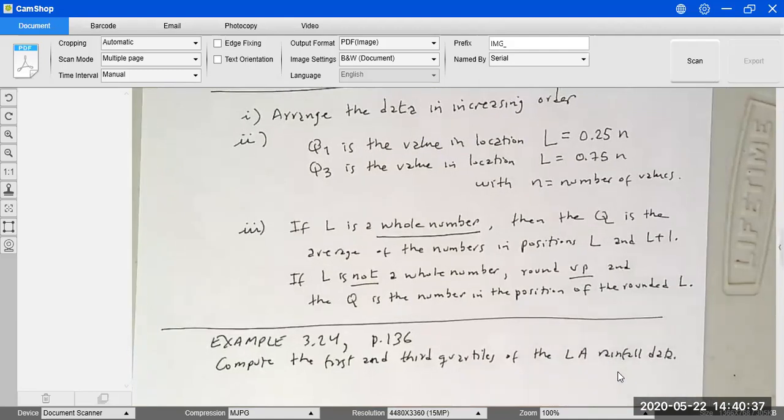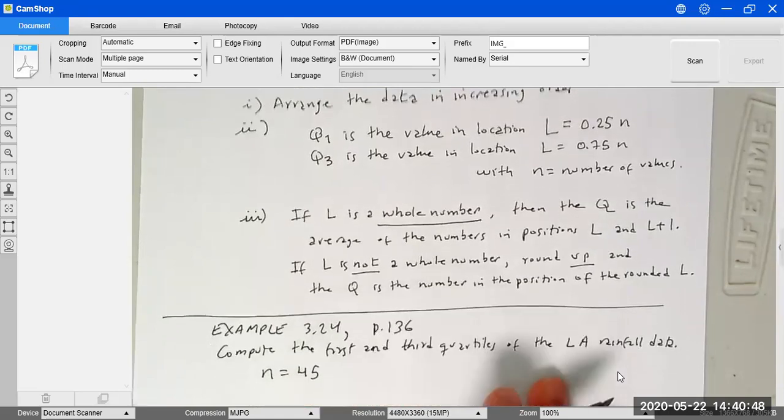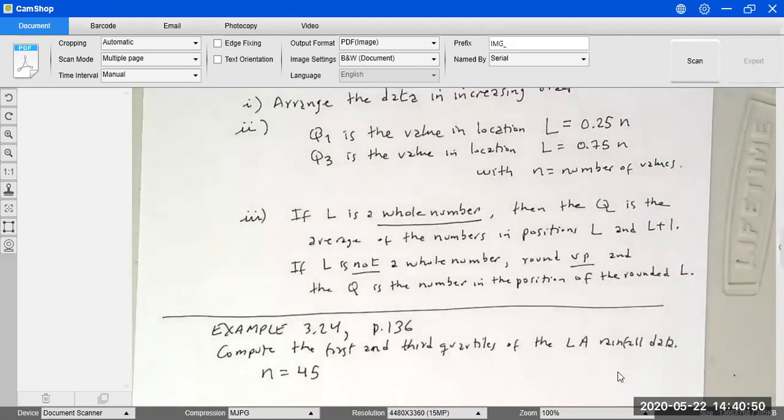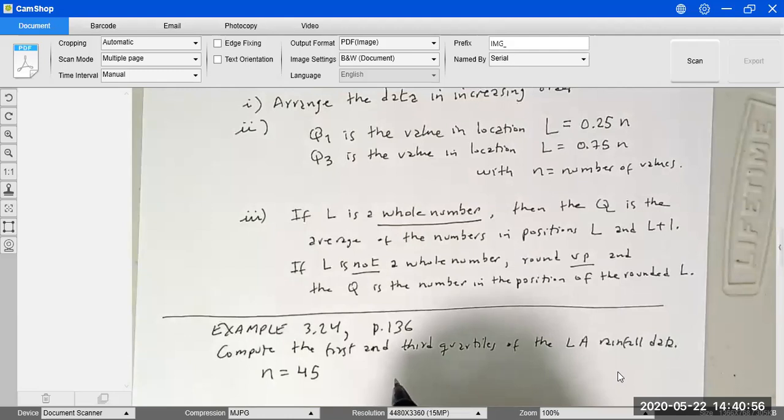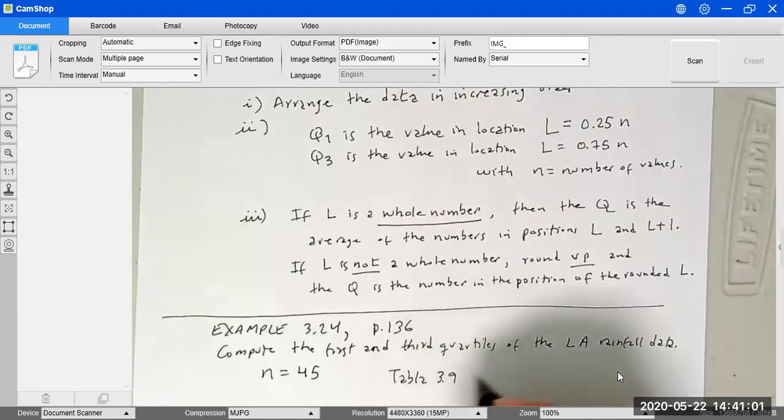It's the table that I showed you before, but now first we need to count the number of data values. If we count, we're going to find that there are 45 data values in that table. The next step, we need to order the table. Table 3.9 should be ordered.